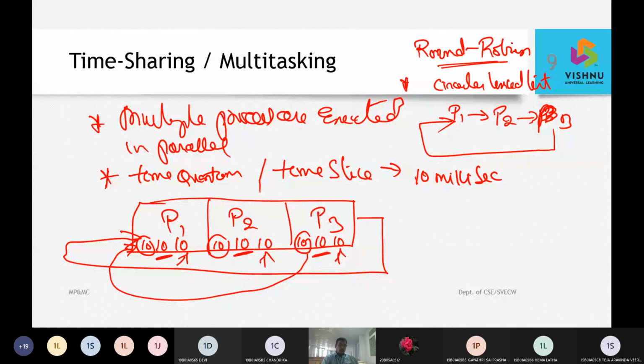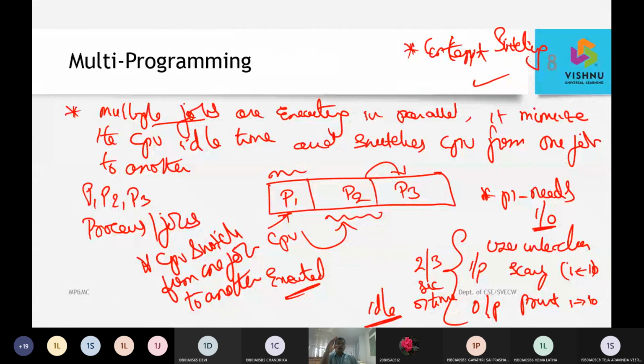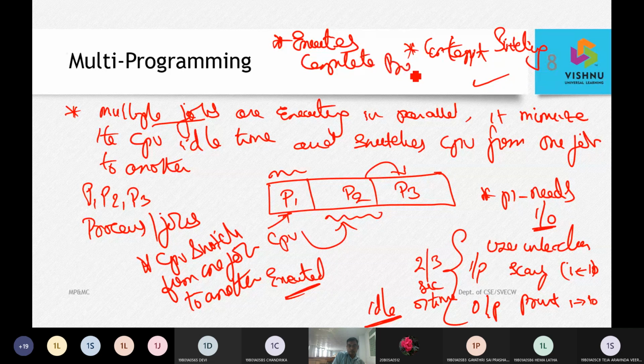The basic difference from multiprogramming was that it executed the complete program, then switched to the other.